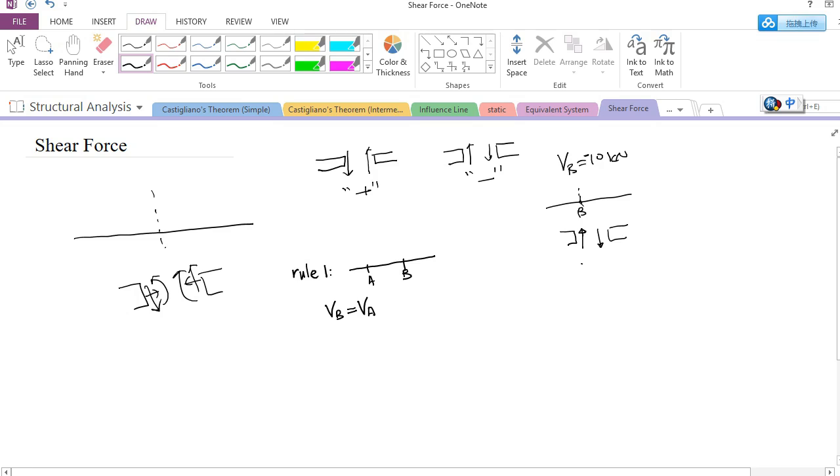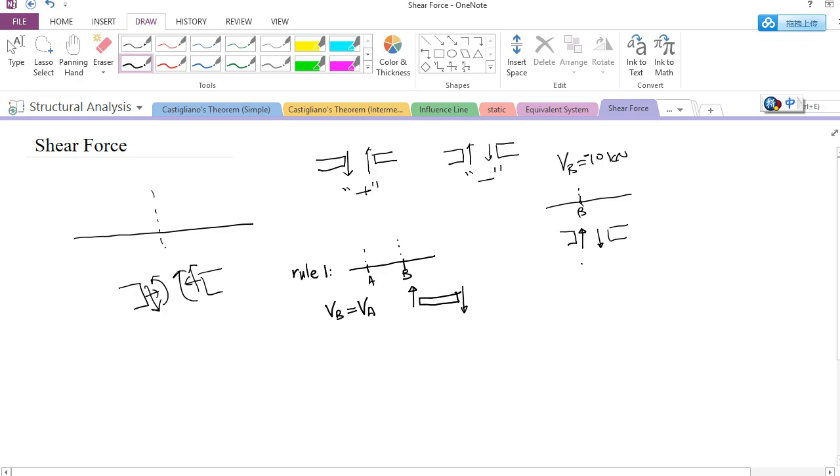Let's prove this. Let's say you cut these 2 points. If there's no transverse loading, no downward or upward force or distributed force transverse to the beam, there's no change of shear force. If you cut A and B, you will find a pair of shear forces. Let's assume that VA and VB are all positive.